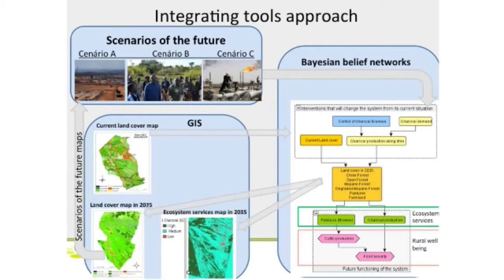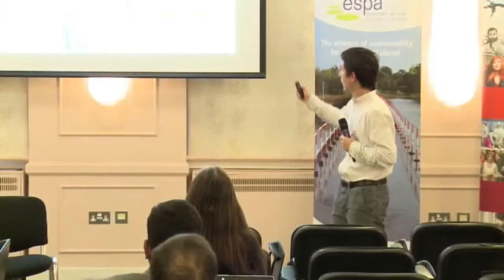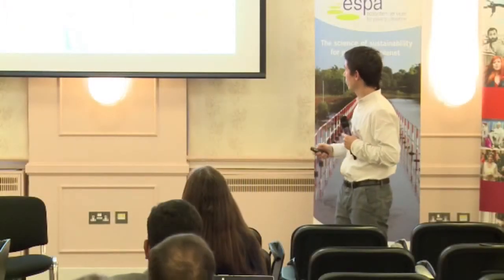So we are creating land cover maps of the future and ecosystem services maps of the future. We are not trying to obtain what will happen, but what could happen if different interventions are done. And we are doing this link with the quick scan software.